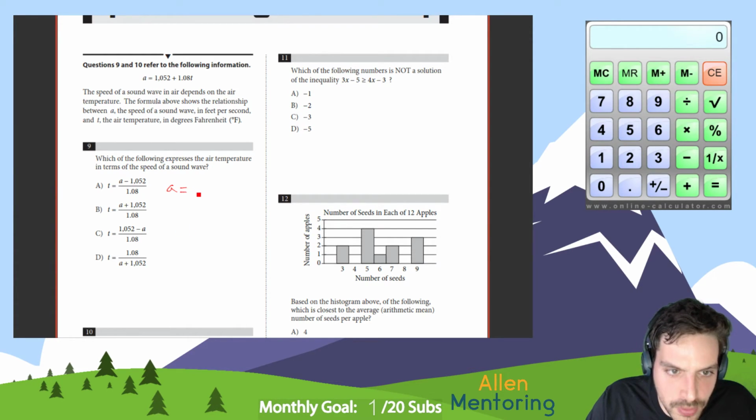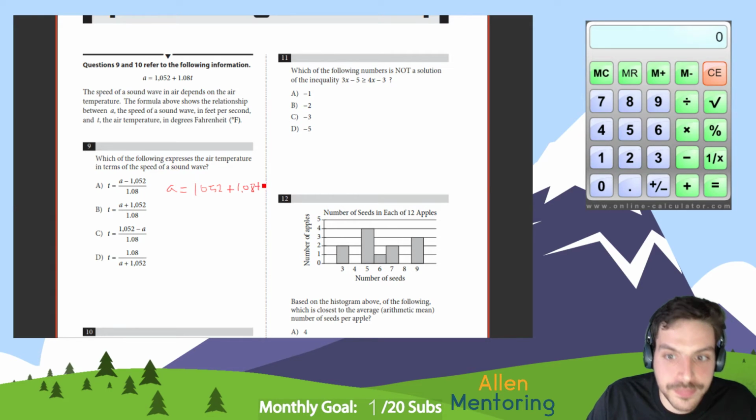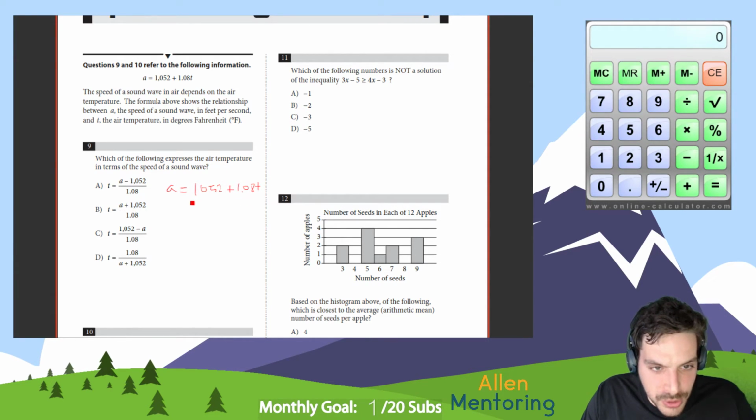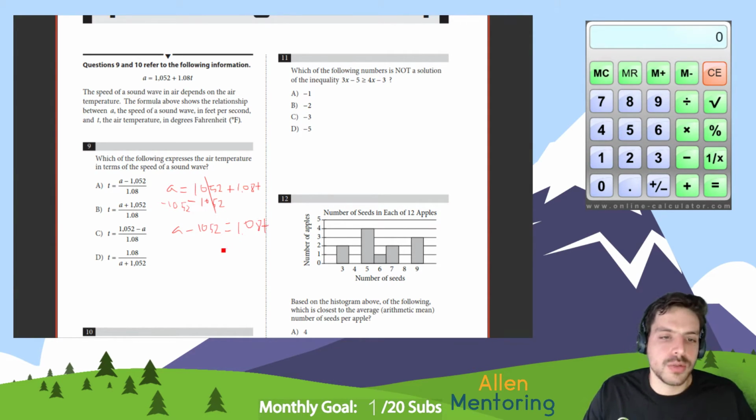A is equal to 1052 plus 1.08 T. So we want to isolate T. So what we're going to do is subtract 1052 on both sides. And so far we have A minus 1052 is equal to 1.08 T. So we're good so far.